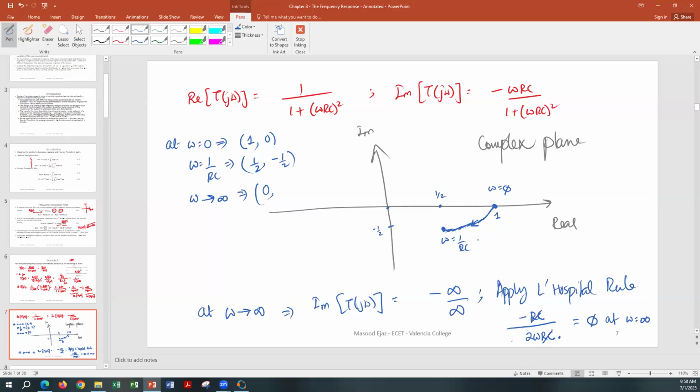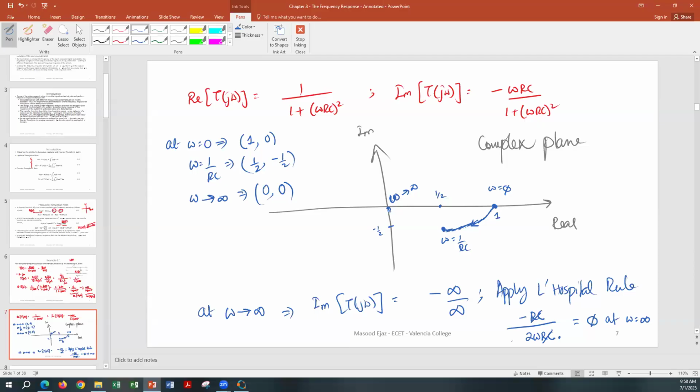That is, take the derivative of the numerator and denominator and then apply the limit again. And if you're still getting 0 over 0 or infinity over infinity, you apply it again, until you get a number. So 0 and 0. And that's omega tends to infinity.